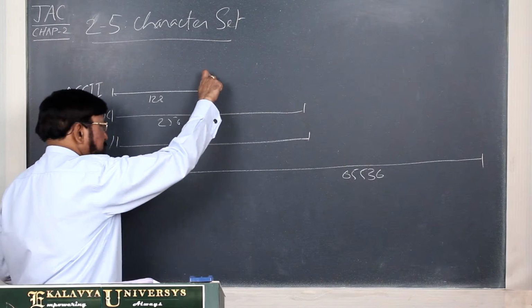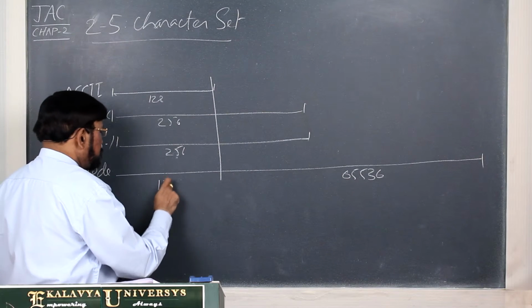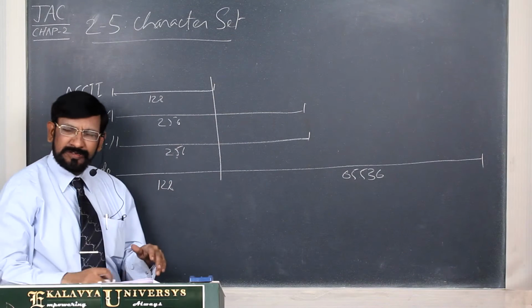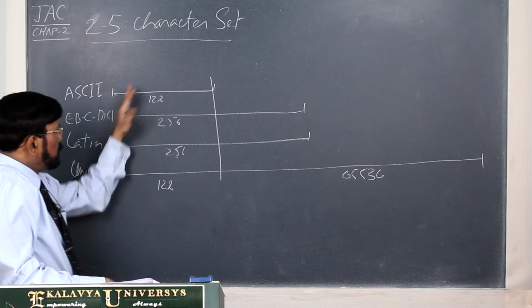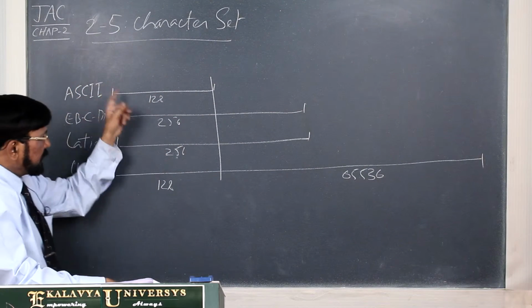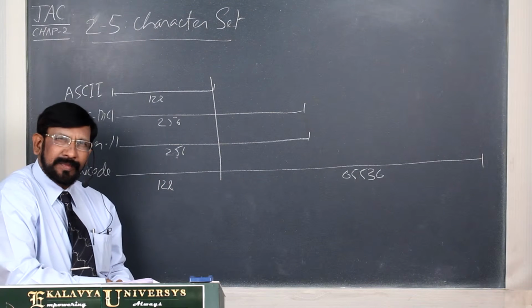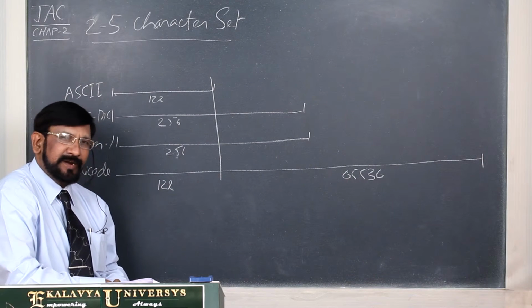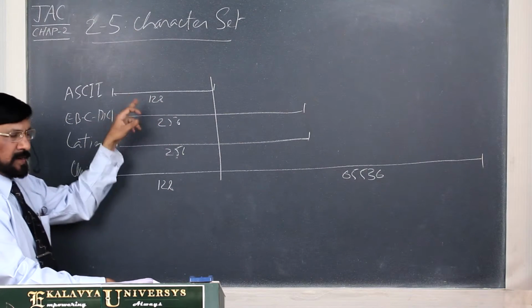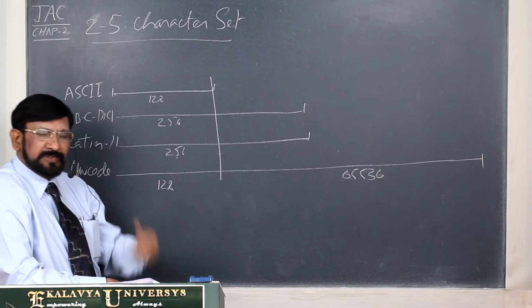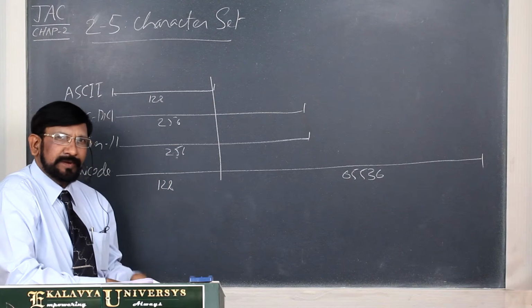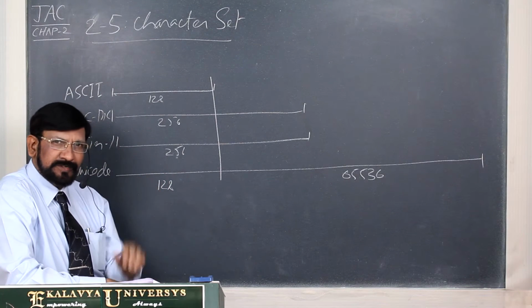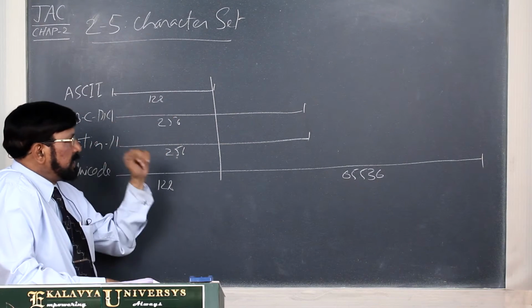Now, in this, the first 128 characters in all present coding schemes, and if in future some other coding scheme comes also, the first 128 characters are the same, but the character length is different. Suppose if you see a C language character, the size of the character is 1 byte, 8 bits. Actually 7 bits are used and it is 8 bits.